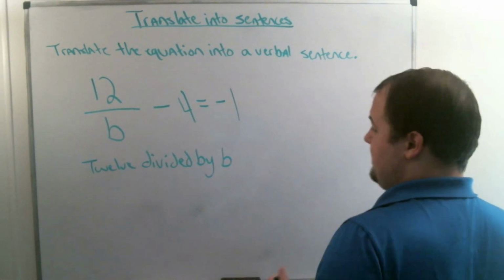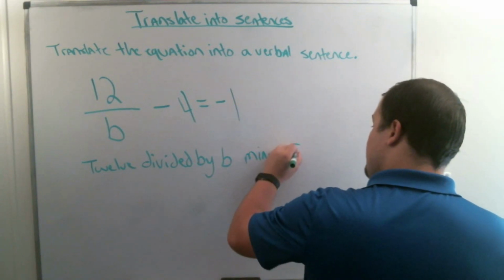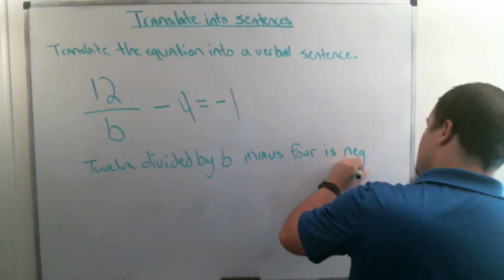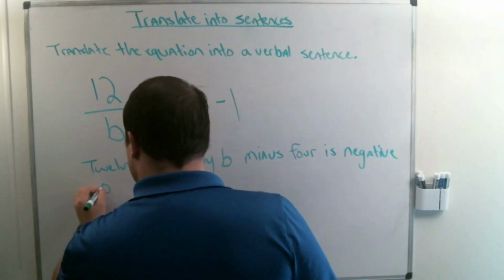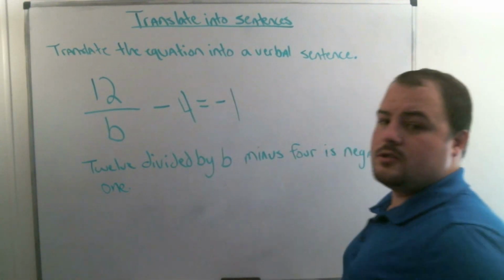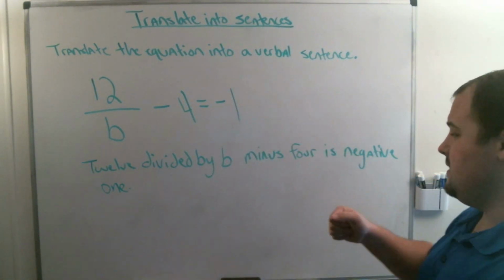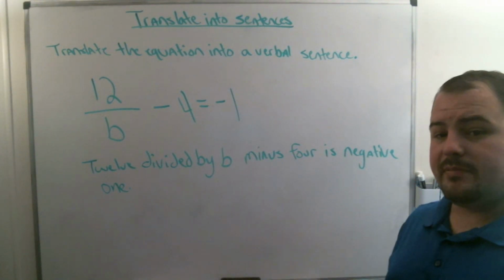So I have 12 divided by b minus 4 is negative 1. That's the first thing I see, and that's all we've got to do for this type of problem.